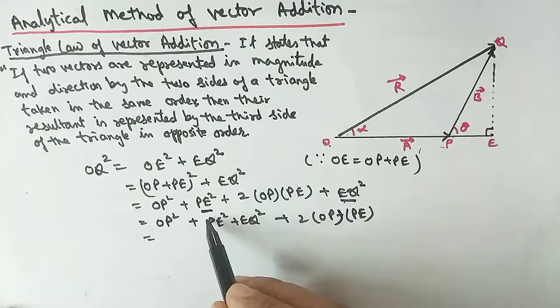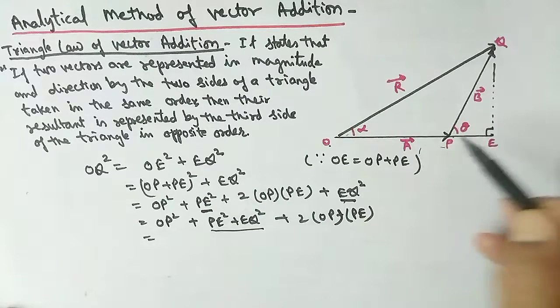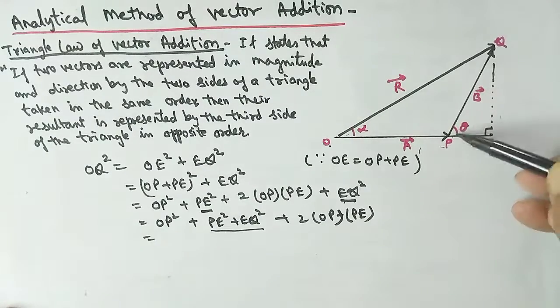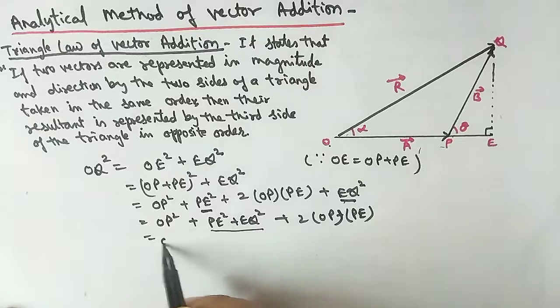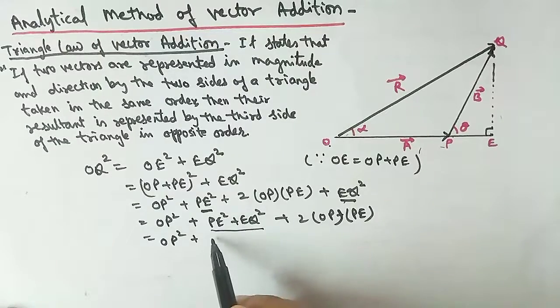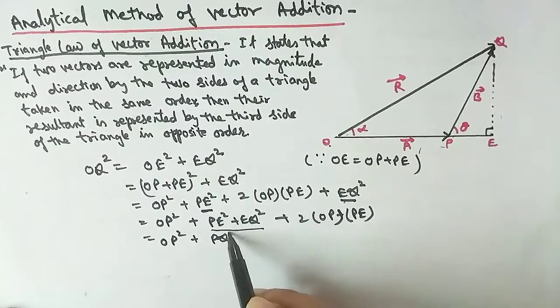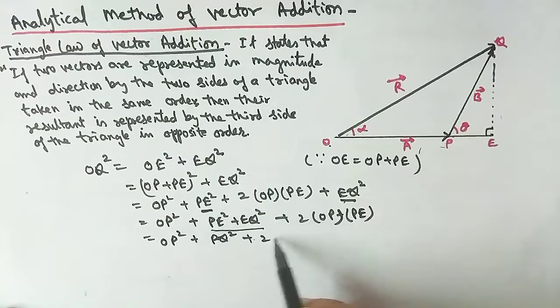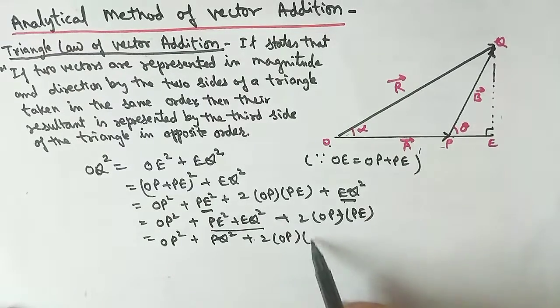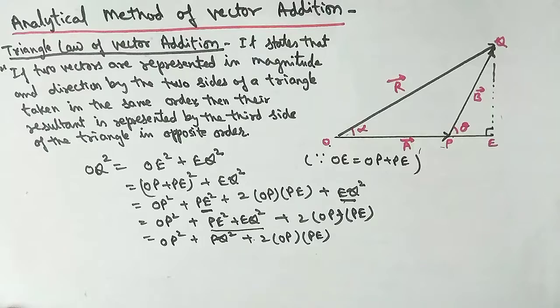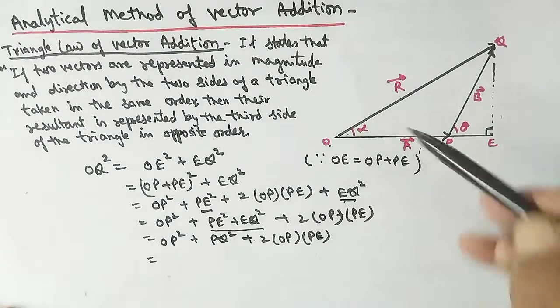And PE square plus EQ square is equal to PQ square. So here we can write OQ square is equal to OP square plus PQ square plus 2 OP PE. Is it clear?